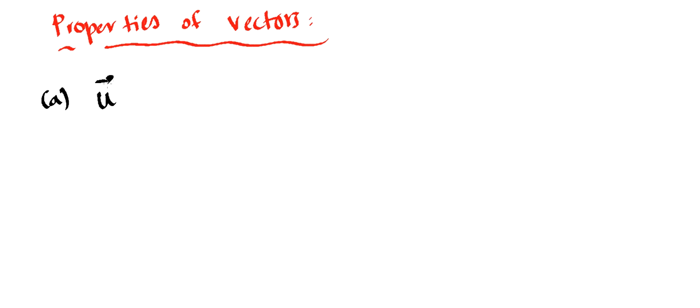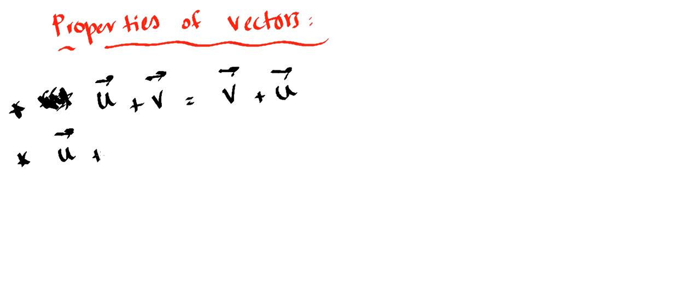So u plus v is equal to v plus u. If you have a vector u and add 0 to it, you should get u. If you multiply 1 by a vector, which means you're scaling a vector by 1, you should get the same vector, u.